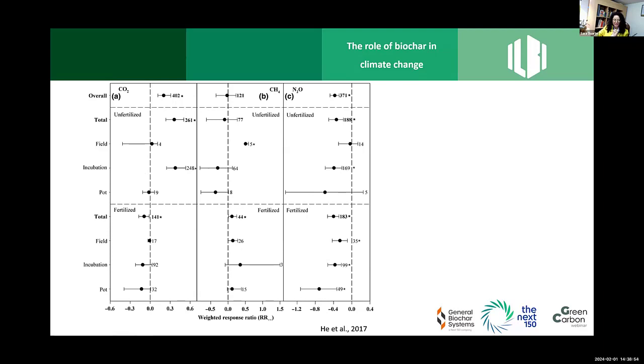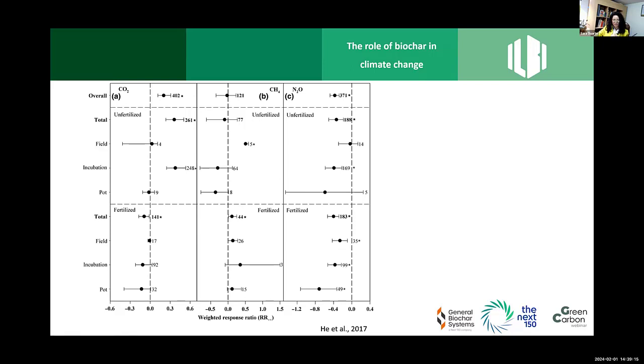It's almost 10%. For N2O, we have a huge reduction in emissions when we apply biochar. And also, if your soil is fertilized, we have almost 35 to 40% reduction in N2O emissions.